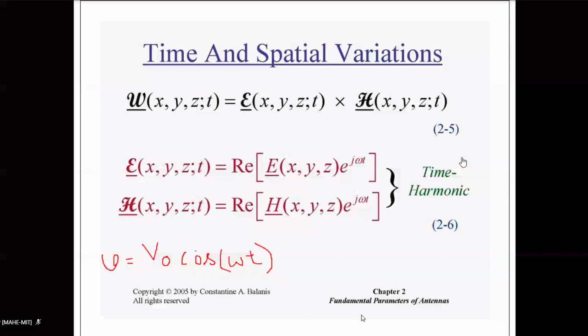Sir, you are muted. Okay. So are you able to get what I'm saying now? No, sir, you were muted. Oh, okay. Sorry, I didn't realize. Till where have I stopped? Where were you last able to hear me? V naught cos omega t is the instantaneous representation. Sir, again you are muted.